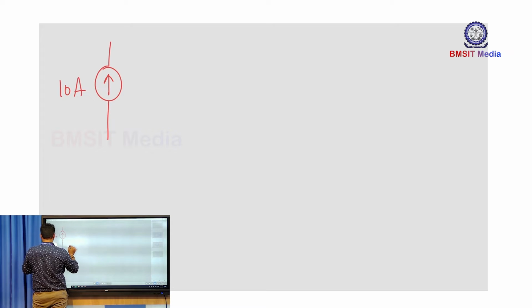So find out by SPT what is the current flowing through a load resistance RL.